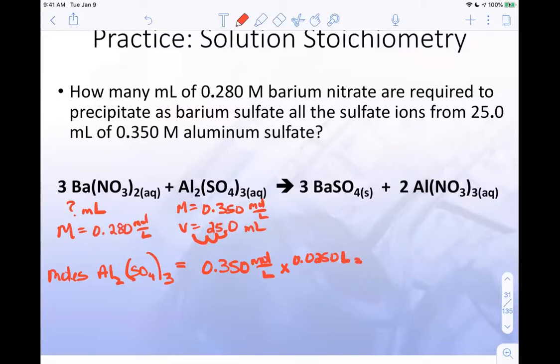So those cancel. That gives me 0.00875 or 8.75 times 10 to the minus 3 moles of aluminum sulfate.